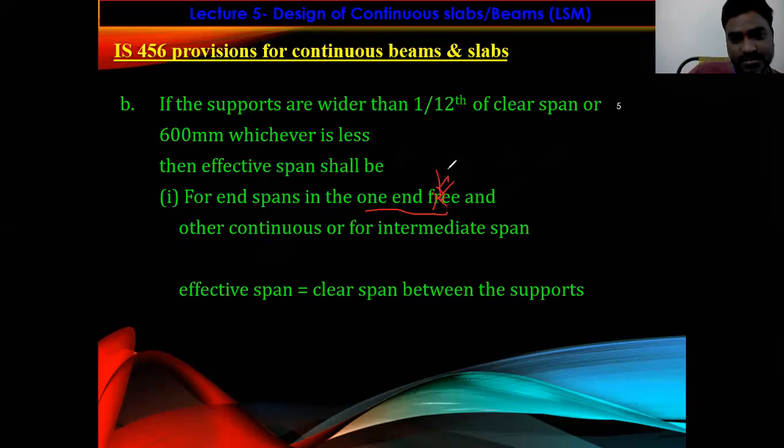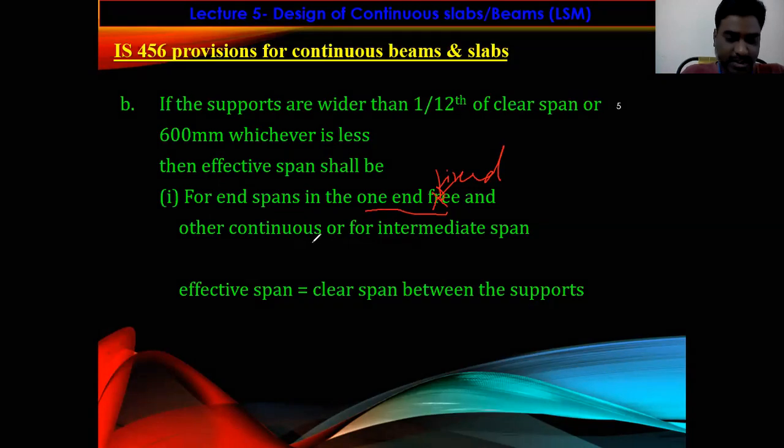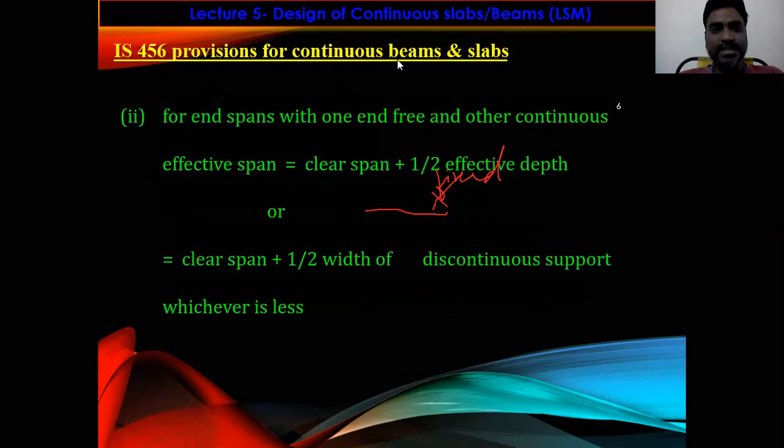For fixed and other end is continuous, or for other intermediate spans, the effective span is equal to clear span between the supports. It is already given in your IS code, right? So this is fixed, so not free. Just correct it.